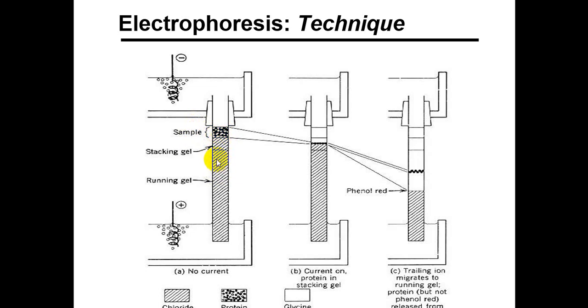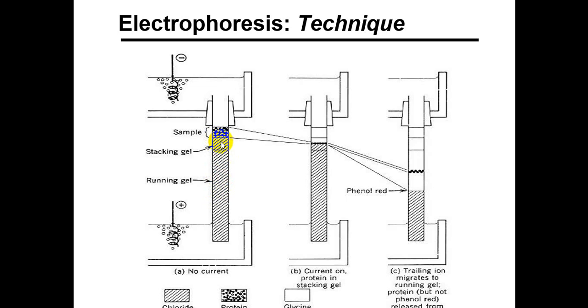But because the running gel has a smaller pore size compared to the stacking gel, when the particles travel through the stacking gel, the bigger ones get obstructed or prevented from moving through the running gel because the running gel has small pore size, but the smaller particles rather move through the running gel. So this one calls for what?